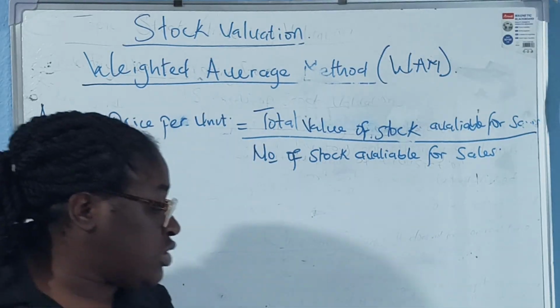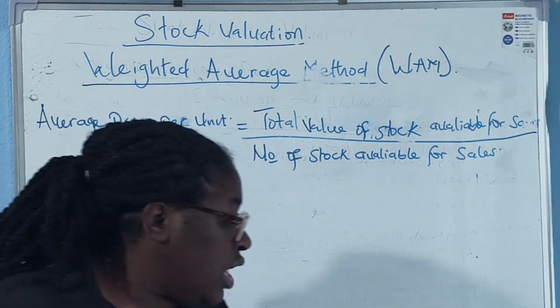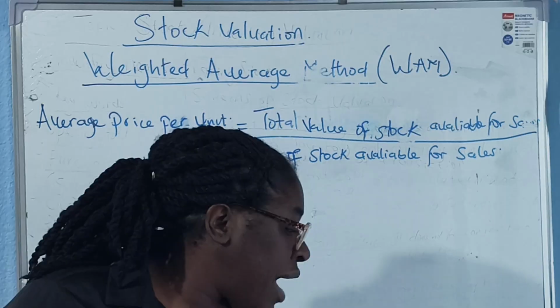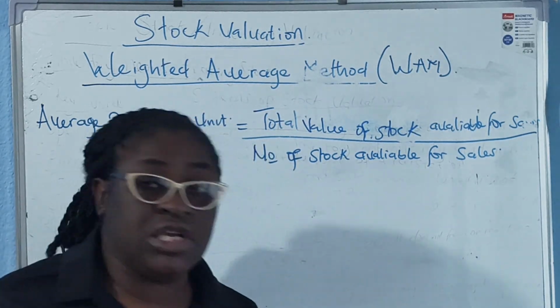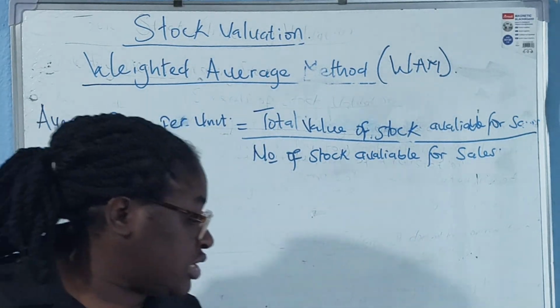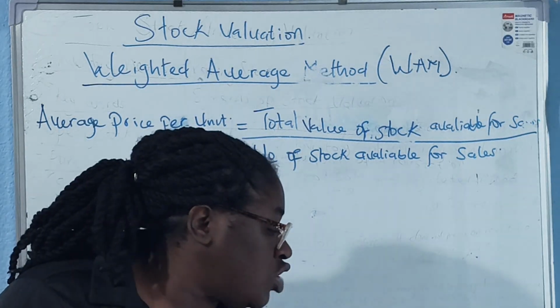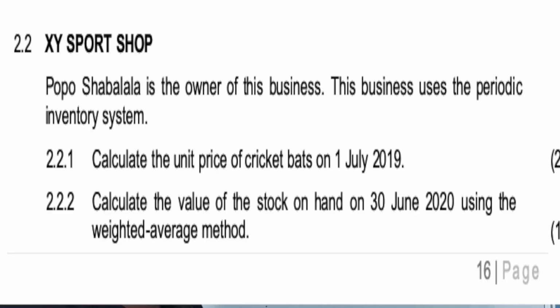Now, let's consider an example adapted from February-March 2017. XY Sports Shop. Popo Shabalala is the owner of this business. The business uses the periodic inventory system. Calculate the unit price of cricket ball on 1st July 2019.